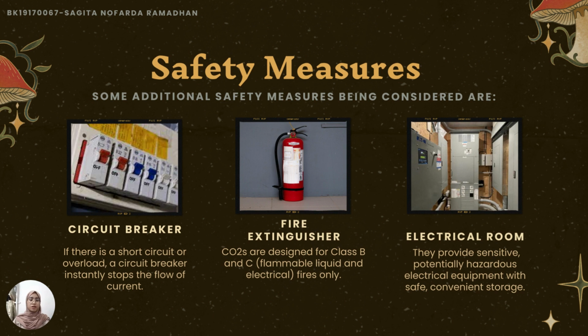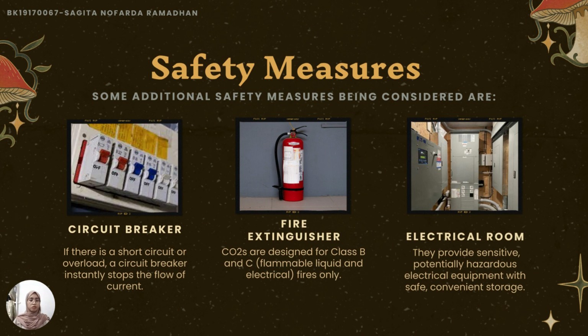The recommended fire extinguisher is the carbon dioxide extinguisher, which works by displacing oxygen, taking away the oxygen element of the fire triangle. CO2 extinguishers are designed for Class B and Class C, which are flammable liquid and electrical fires only.